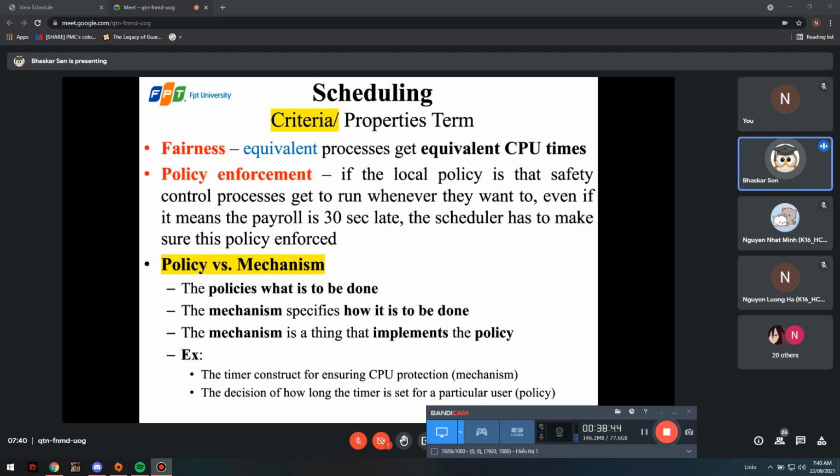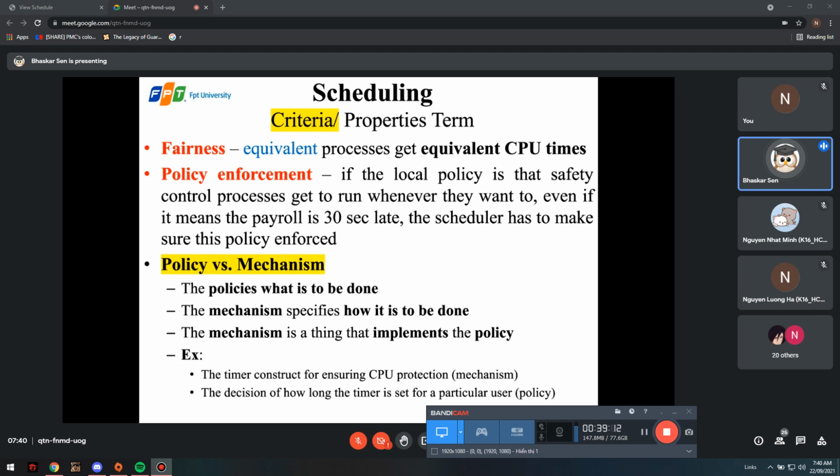These are the criteria that will be applicable to all kind of algorithms, irrespective of whichever category they fall into. So whether batch, interactive, or real time, doesn't matter. All these algorithms can be judged based on these common criteria: fairness and policy enforcement.